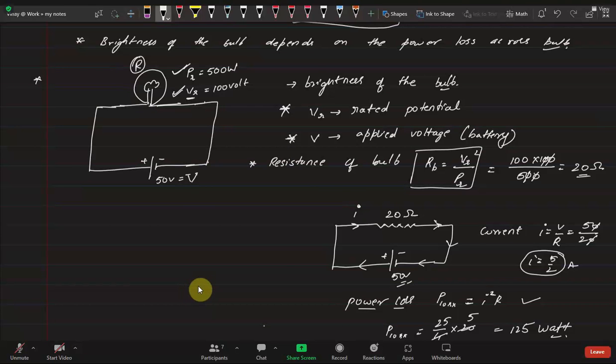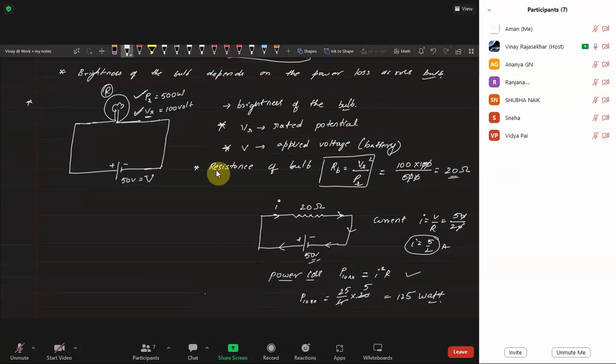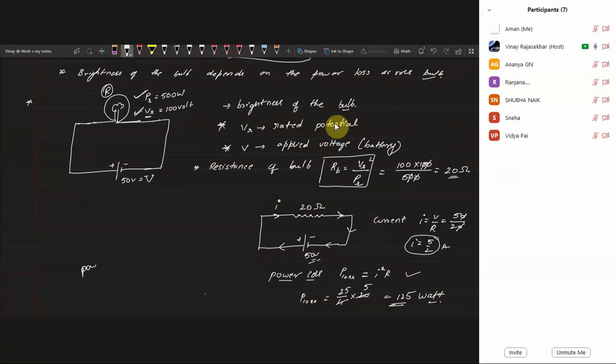What is the power consumed? 125 watt only. So the power consumed is 125 watt. That is nothing but the brightness. So the bulb will glow with 125 watt brightness.